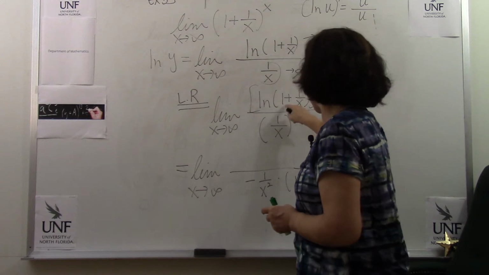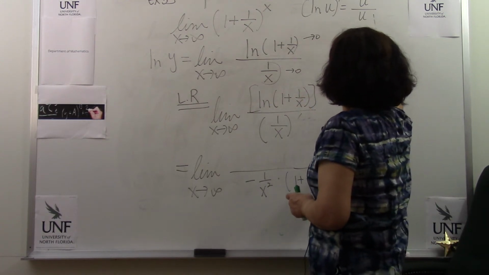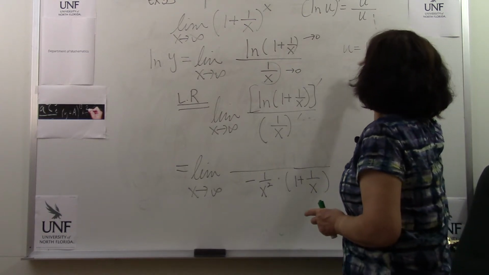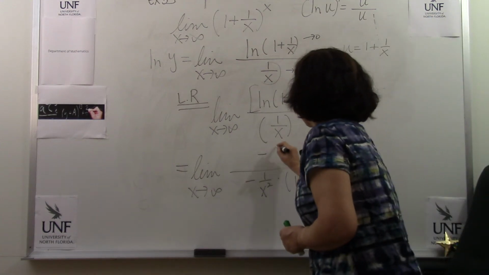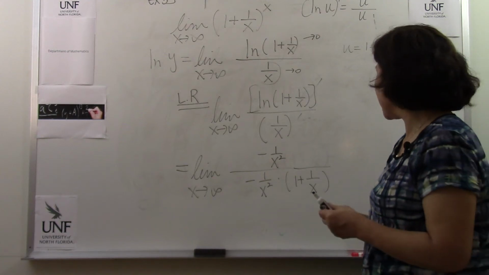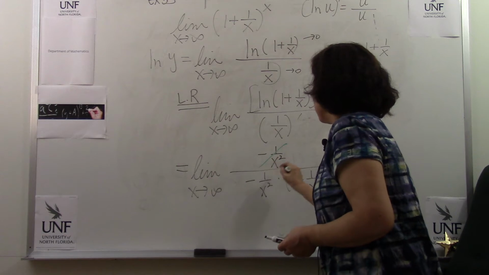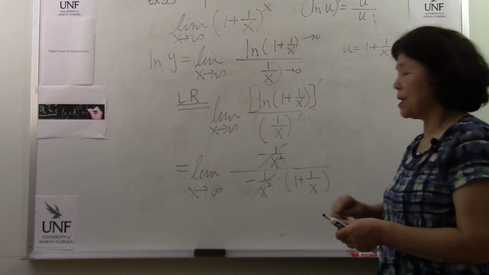And in the numerator, the derivative of u is the same as the derivative of 1 over x, which is negative 1 over x squared. Strangely enough, the earlier one we found and this one, these two things cancel out. So what's left is over here.